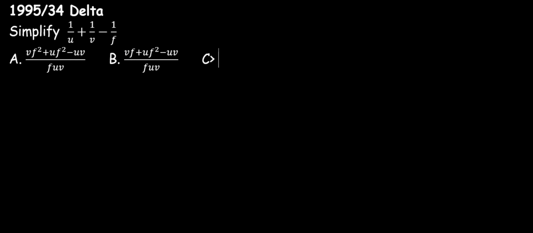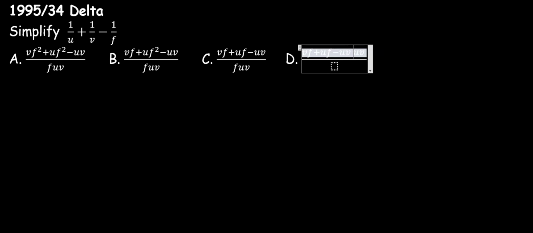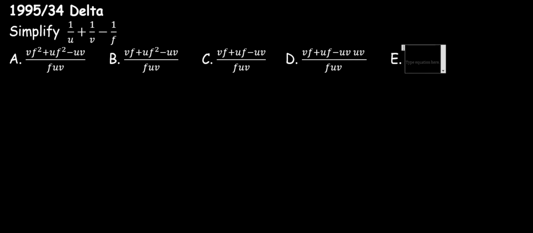Option C is vf plus uf minus uv divided by fuv. Option D is vf plus uf minus uv divided by fuv. Option E is vf plus uf minus uv divided by u.